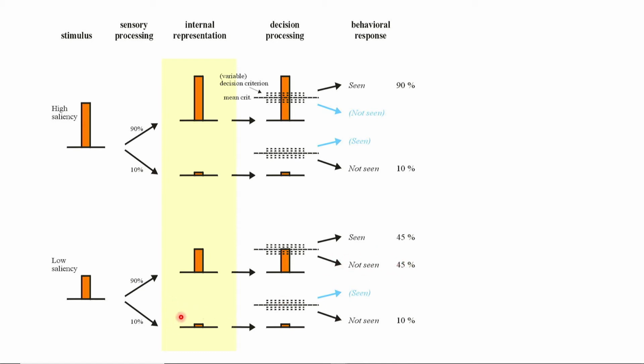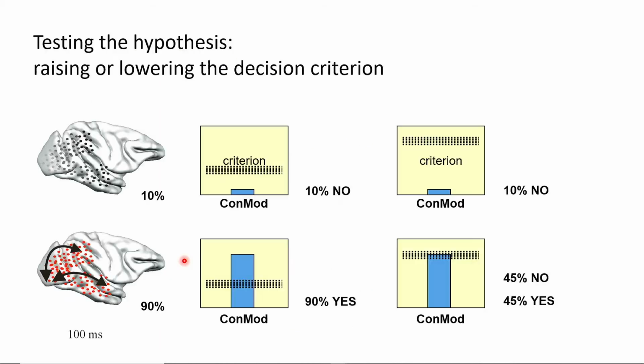And again, for these you have the 10% where nothing happens, and then the monkey always says nothing happened. So from that you can see that the lower the saliency, the more you approach a situation where you get 50-50 between seen and not seen responses, even though a stimulus is presented.